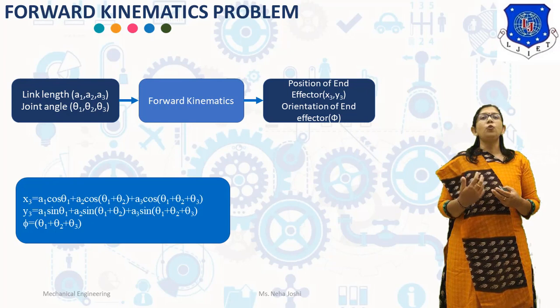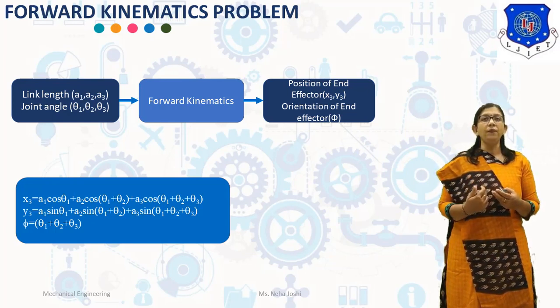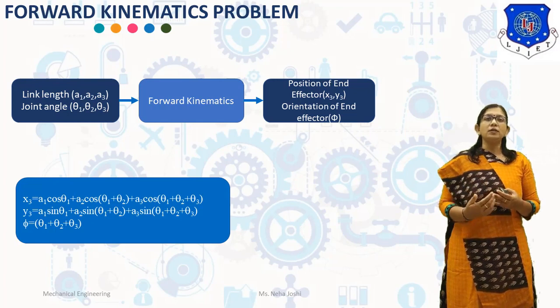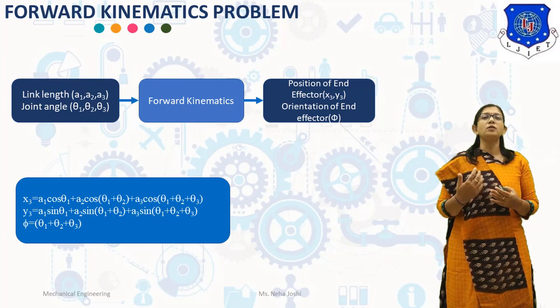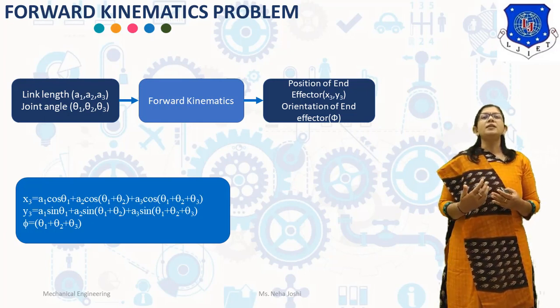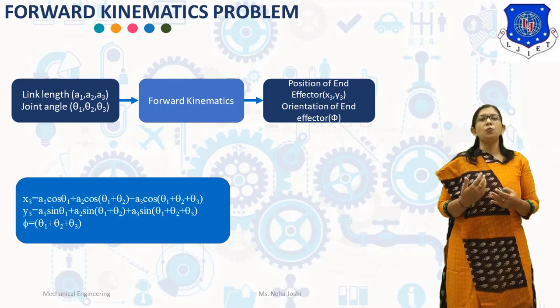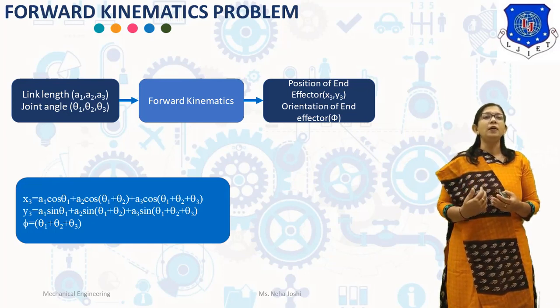The position and the orientation of the end effector is given by the equation x3 is equal to a1 cos theta 1 plus a2 cos (theta 1 plus theta 2) plus a3 cos (theta 1 plus theta 2 plus theta 3). y3 is equal to a1 sin theta 1 plus a2 sin (theta 1 plus theta 2) plus a3 sin (theta 1 plus theta 2 plus theta 3) and the orientation phi of the end effector is given by the equation phi is equal to theta 1 plus theta 2 plus theta 3.